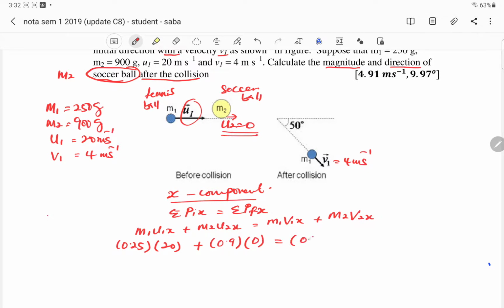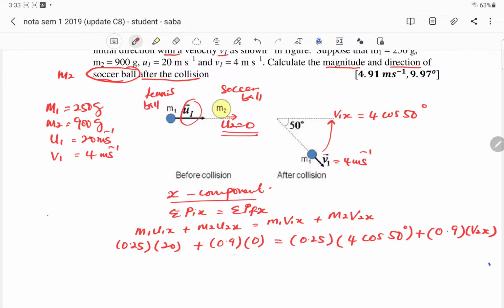So M1 0.25, V1 x component. V1x we have 4 cos 50 degree, plus M2 0.9. V2x we don't have the value, so just write V2x.